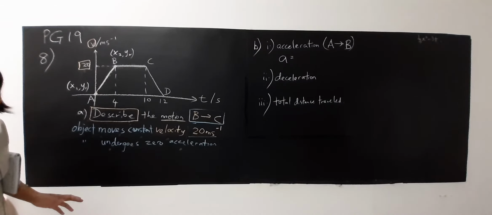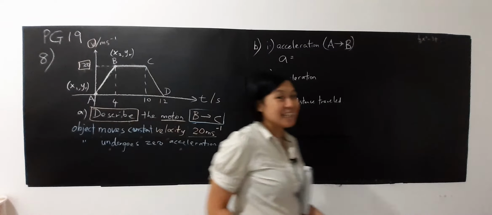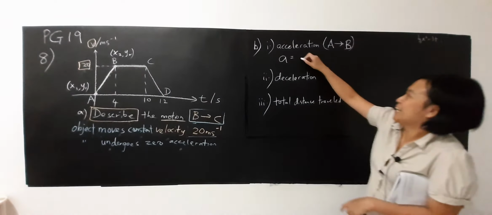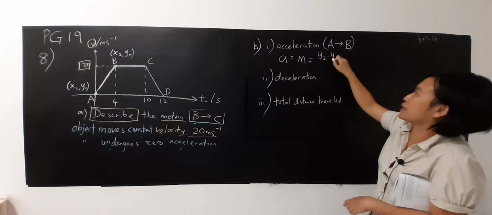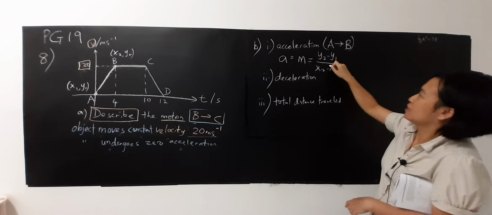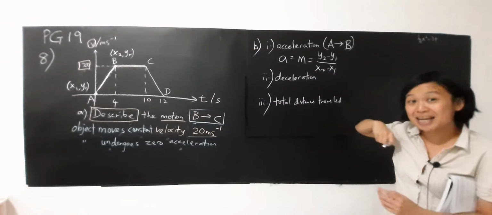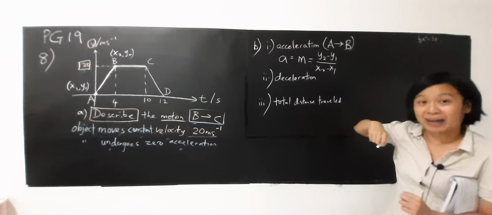In order to find the gradient, remember in the lab we discussed before, we have an equation for the gradient, which is like this. Hopefully you can recall this important equation for the gradient.